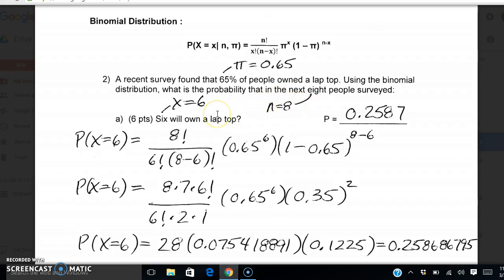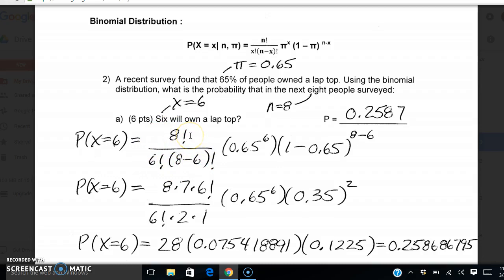And the x is the number of events that we're interested in. And we're interested in the next 6 owning a laptop, and so the x is going to be equal to 6.